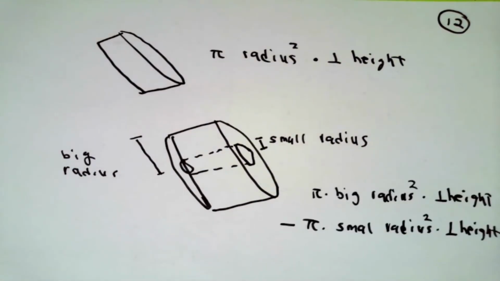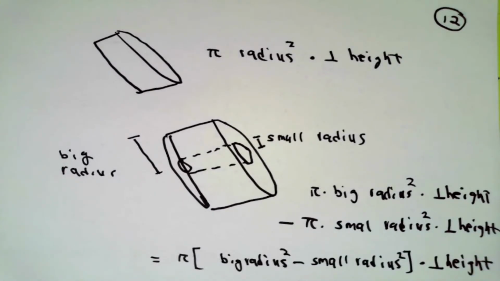So this will just be pi times the square of the big radius multiplied by the perpendicular height minus pi times the square of the small radius times the perpendicular height. Obviously, there's a factor of pi in both of those things, and there's a factor of the perpendicular height, so we can write this a little bit more briefly as this form.